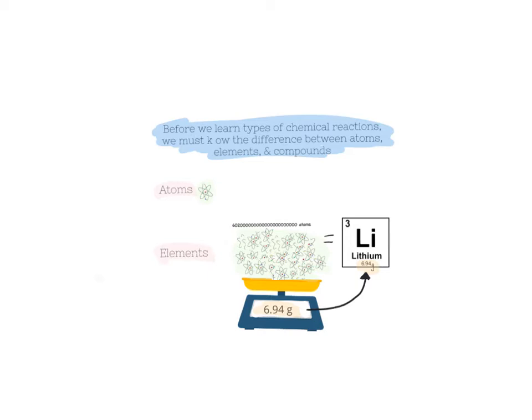If I take exactly 6.02 times 10 to the 23rd atoms of any element and I look on its periodic table, the mass at the bottom is actually telling you what it would weigh for 1 mole, or 6.02 times 10 to the 23rd atoms of that element. So elements are essentially a collection of atoms, all the same thing.